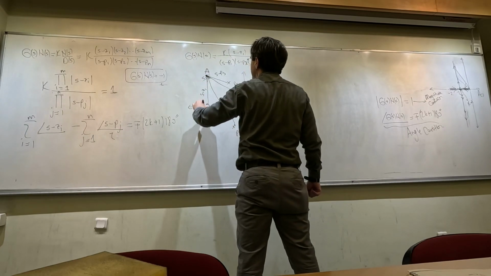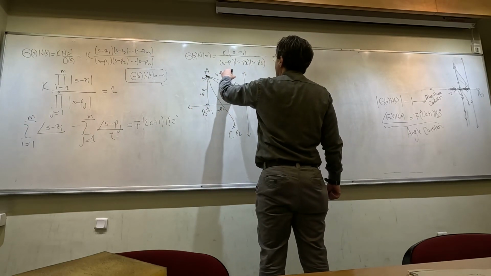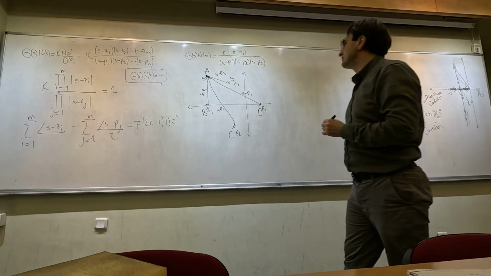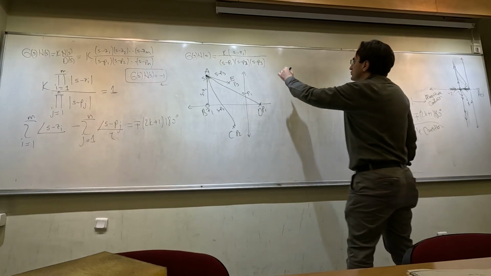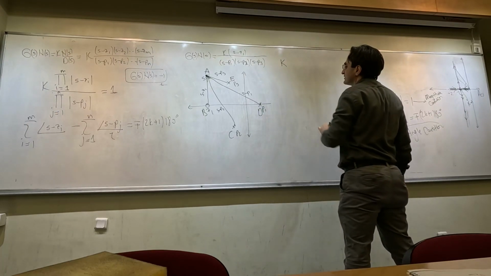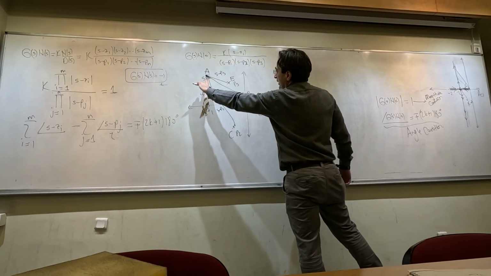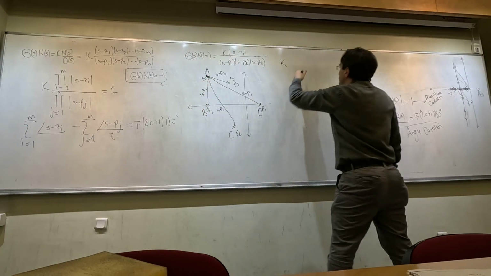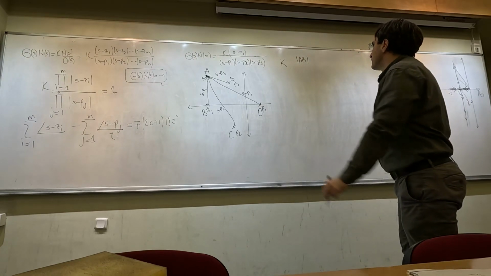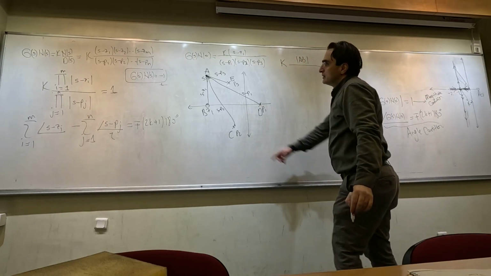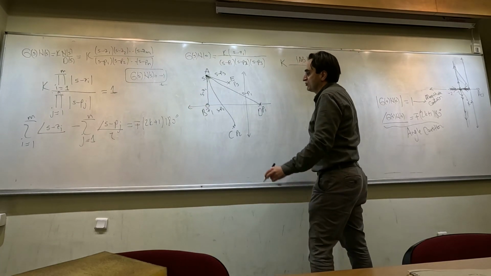Here, let me put some labels. Let me say that this is the point A, B, C, D, and this is the point E. I know that the magnitude condition is going to be in the following way. It is K times the magnitude of S minus Z1, which is going to be the distance AB, divided by the magnitudes of the S minus Pj vectors.